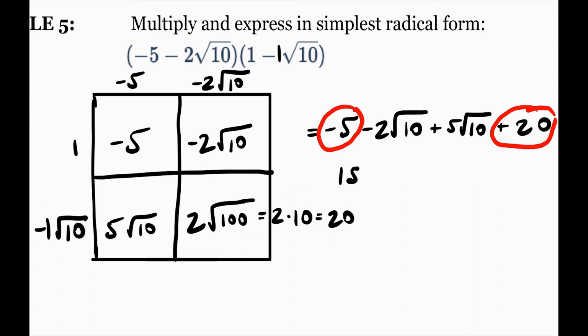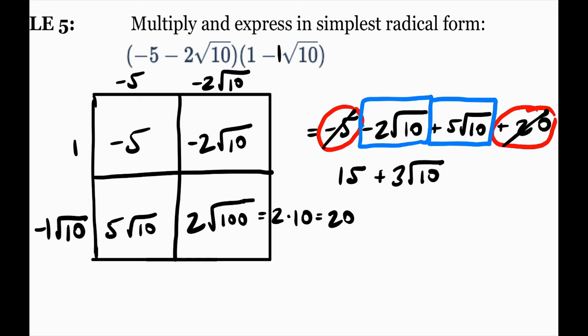So that's 15. And then these guys here, I can combine. One of them's negative, one of them's positive. So I add the coefficients or subtract them, whatever way we want to think about it. And there you go.